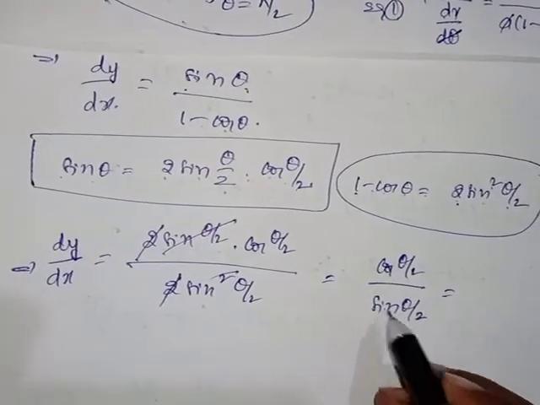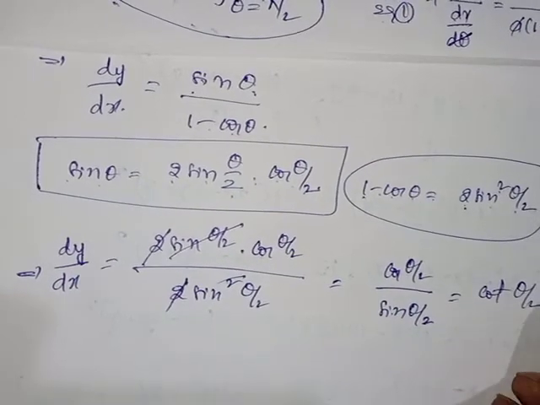We know that cos by sin is cot, so dy/dx = cot(θ/2).